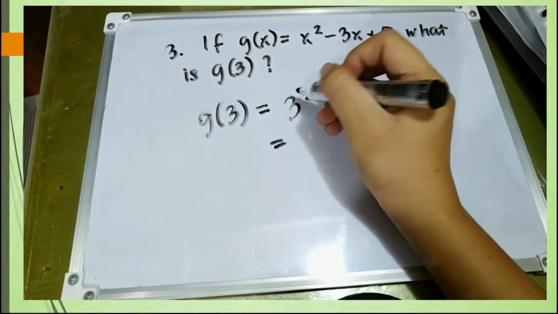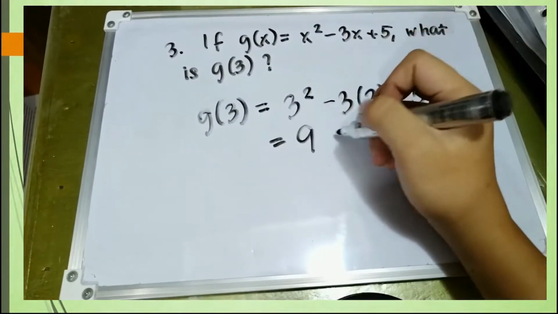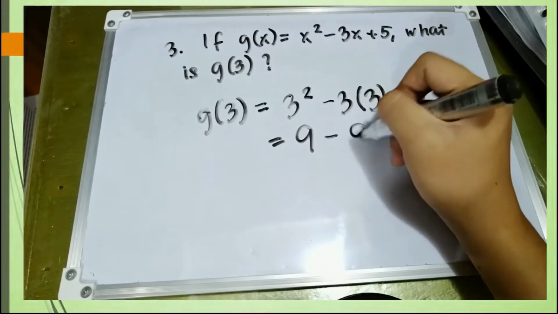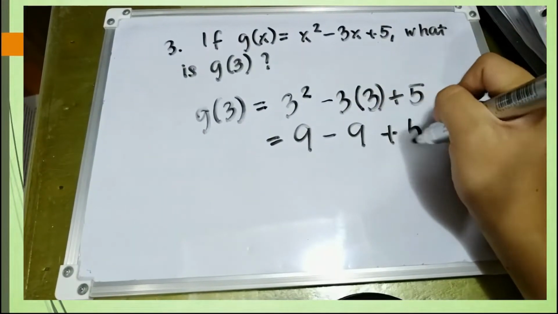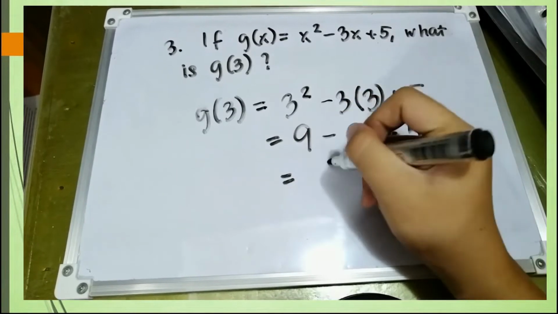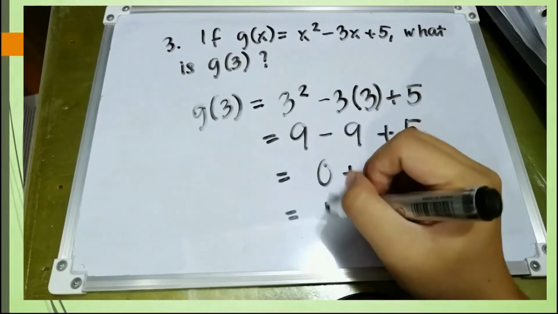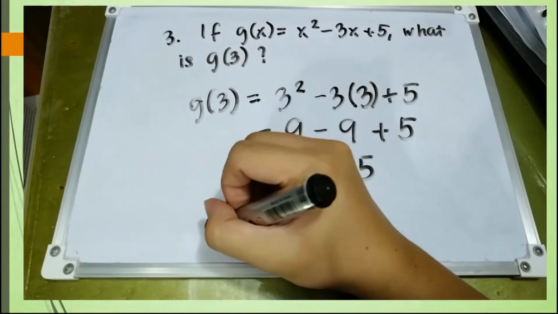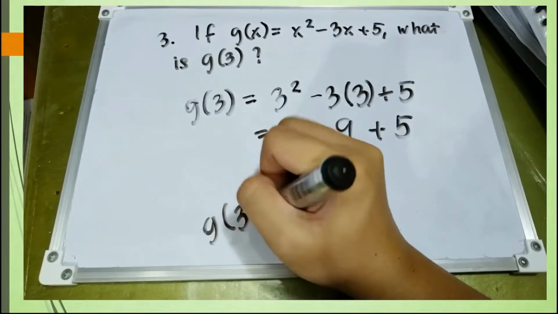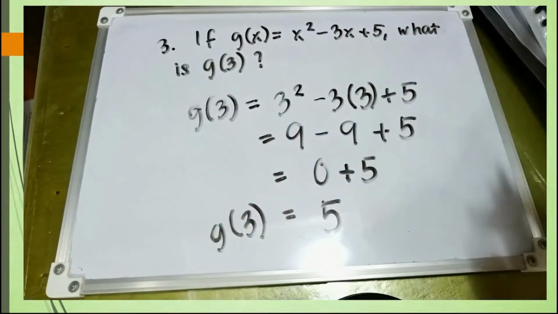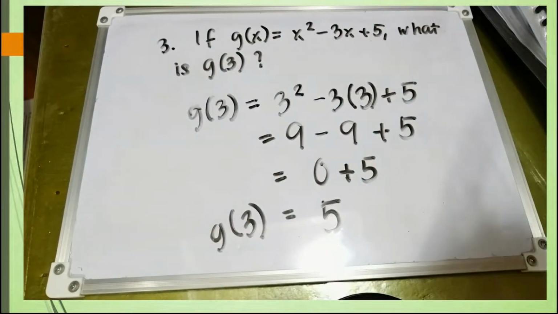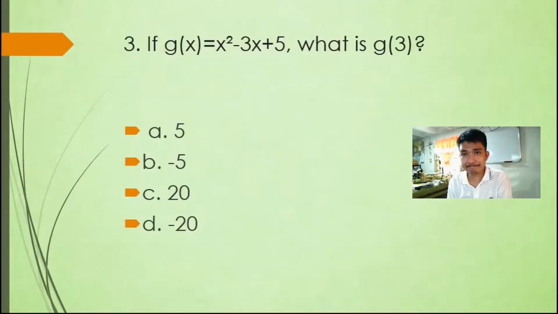So 3 squared is 9 minus 3 times 3 is 9 plus 5. So 9 minus 9 is 0 plus 5. So that would be 5. So g of 3 is 5. The answer is letter A.